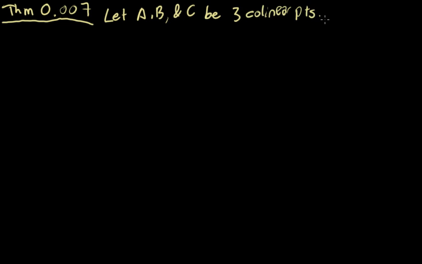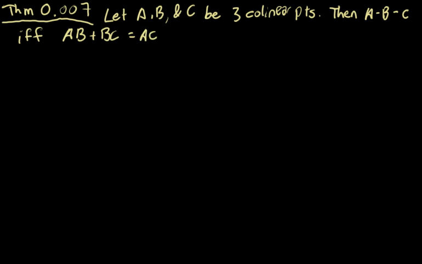My spelling's not very good. Then B is between A and C, which we denote A-B-C, if and only if, which I use IFF as shorthand for, AB plus BC equals AC. Well, let's think about what this means before we prove it.